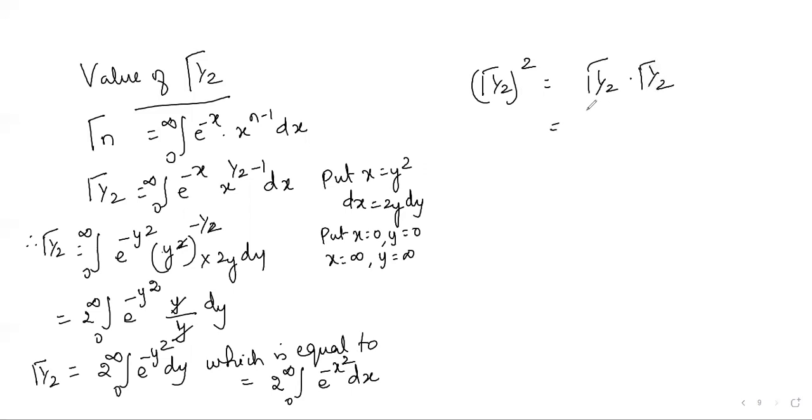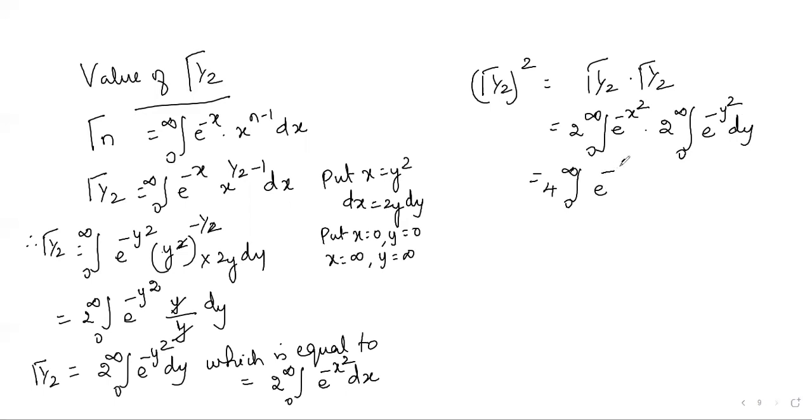For one of the gamma half, I am going to write 2 into integral 0 to infinity e power minus x square dx. For another one, I am going to write integral 0 to infinity e power minus y square dy. Now multiplying, I will be getting 4 into integral 0 to infinity e power minus, take the minus sign outside, x square plus y square dx dy.